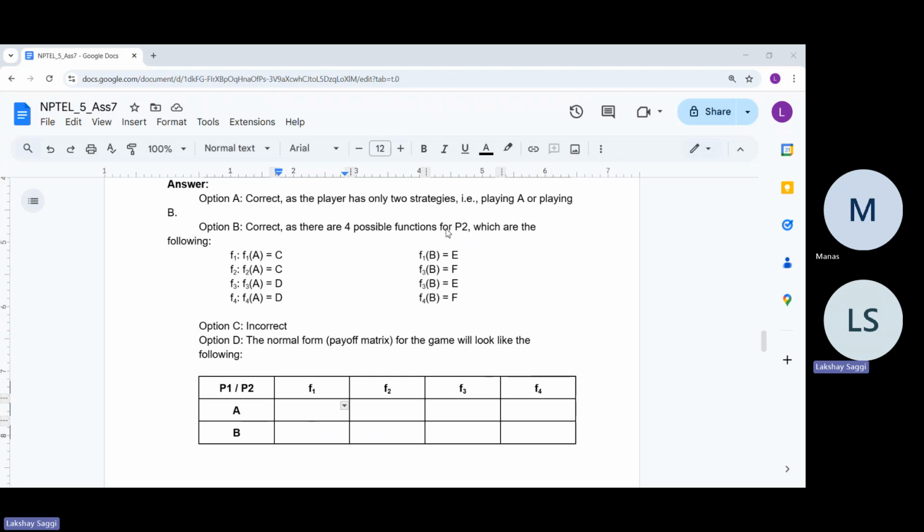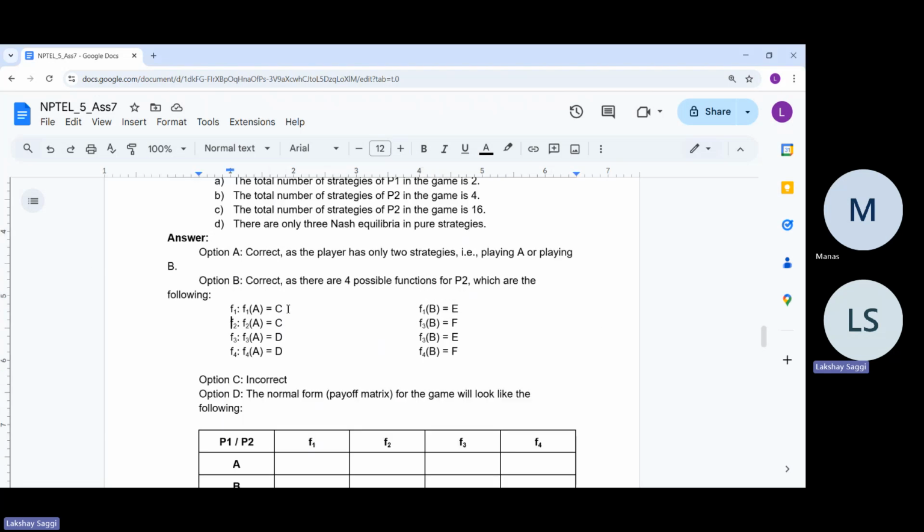Okay, so Manas is saying that since both are maximizing, in this case we can avoid the normal method and directly say E is the Nash equilibrium only for this case.